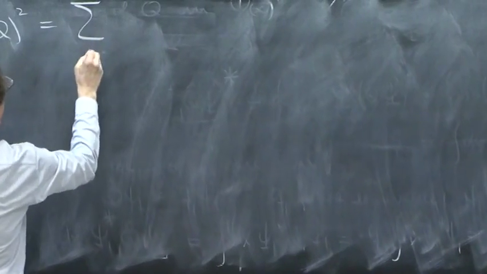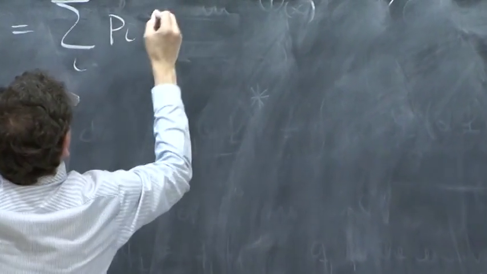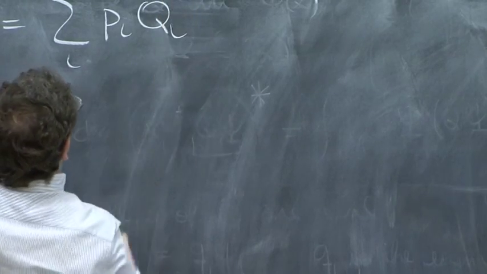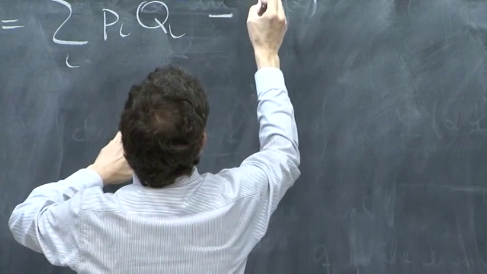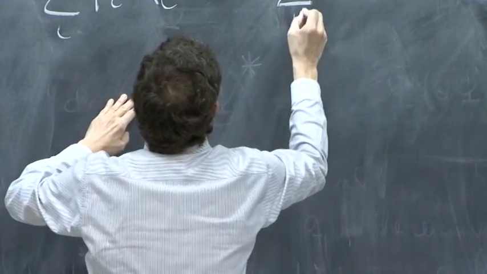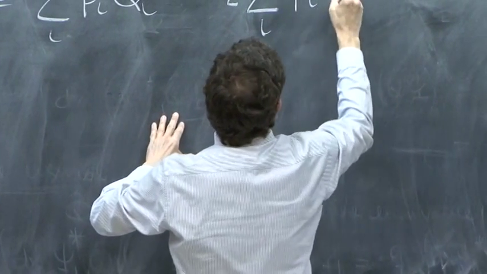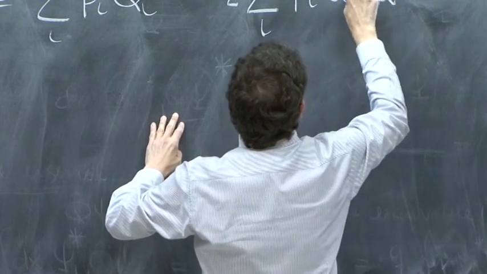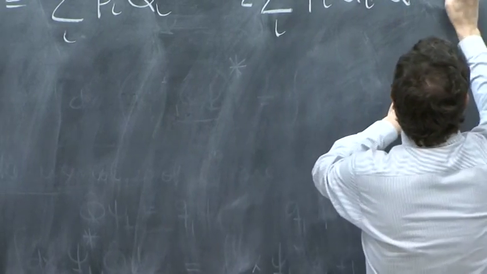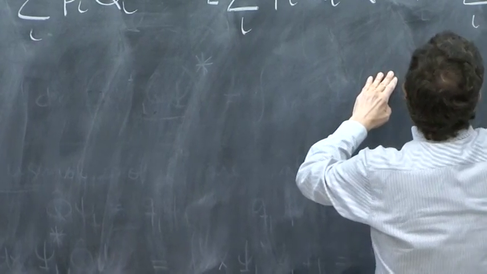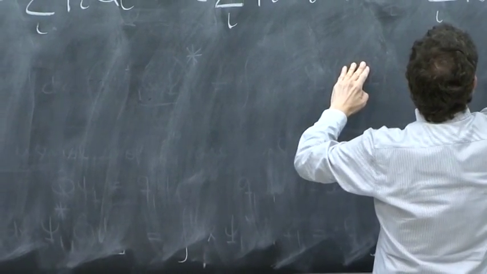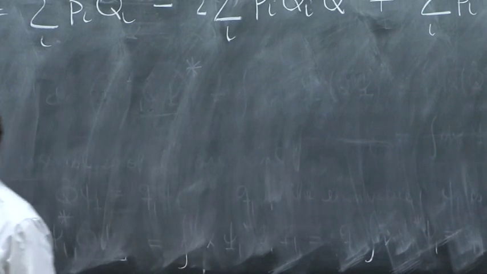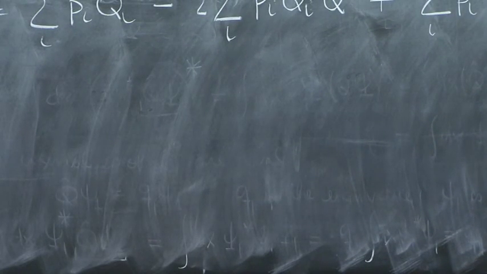So sum over i, Pi, Qi squared, minus 2 sum over i, Pi, Qi, Q bar, plus sum over i, Pi, Q bar squared. This kind of thing shows up all the time, shows up in quantum mechanics as well, as we'll see in a second. And you need to be able to see what's happening.